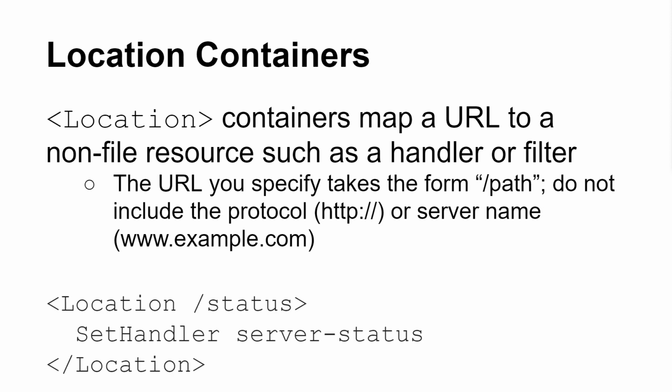A Location container is similar to Directory and Files, but instead of referring to a specific path on the Linux file system, it looks at a path in the requested URL that's coming from the client.